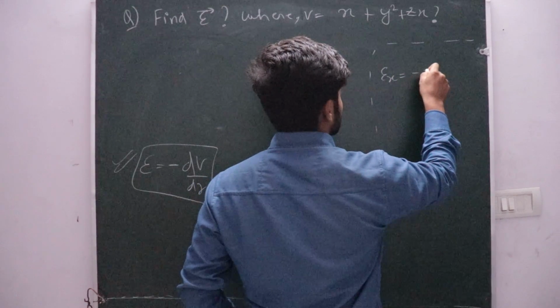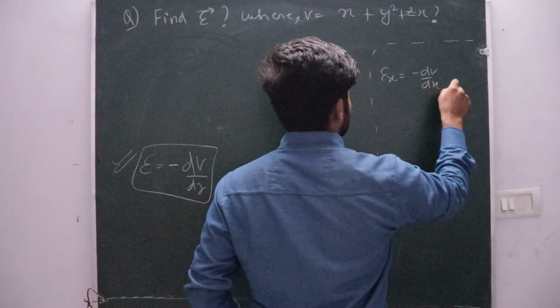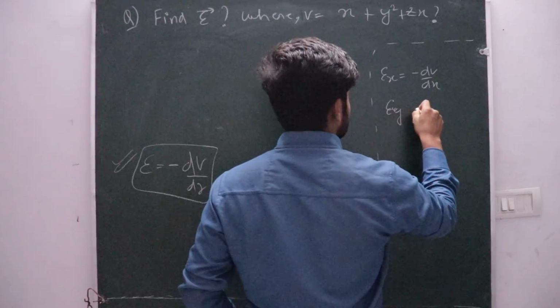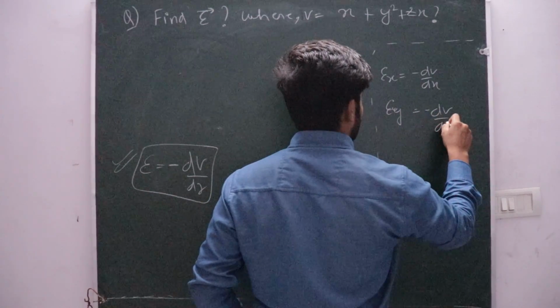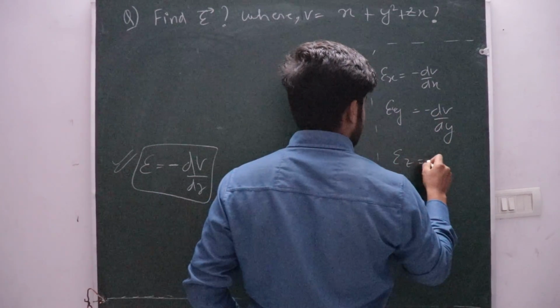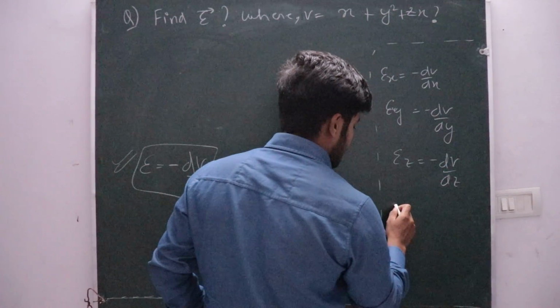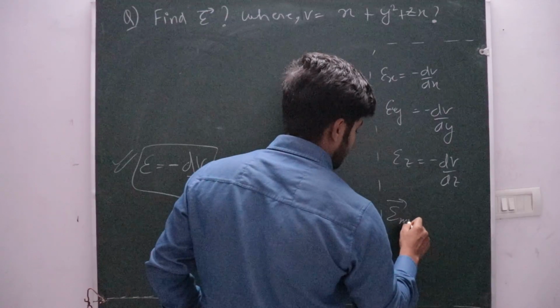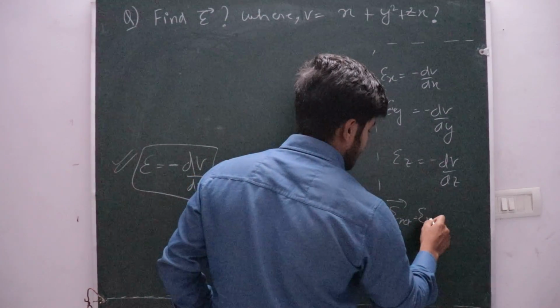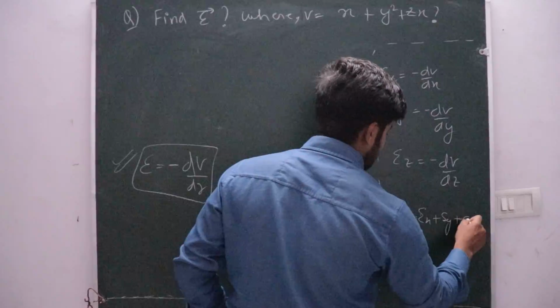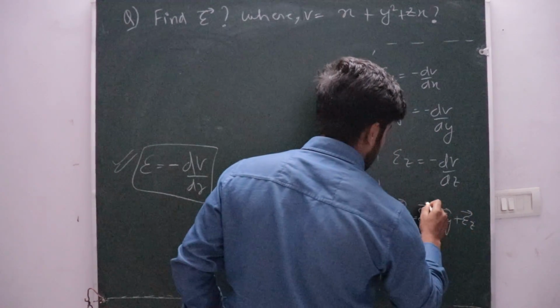Ex is equals to minus of dV upon dx, Ey is equals to minus of dV upon dy, Ez is equals to minus of dV upon dz, and then the net electric field is equals to Ex plus Ey plus Ez.